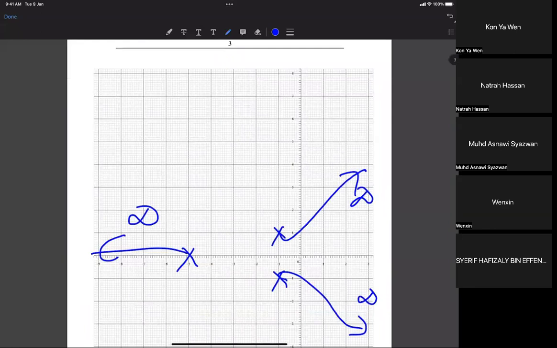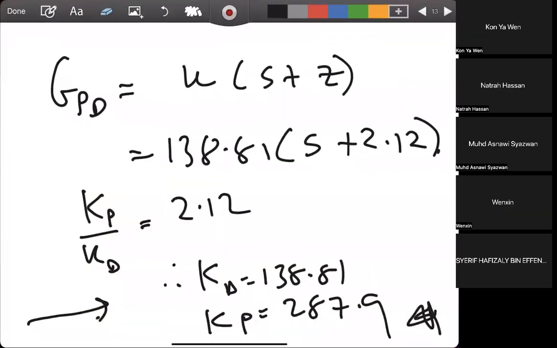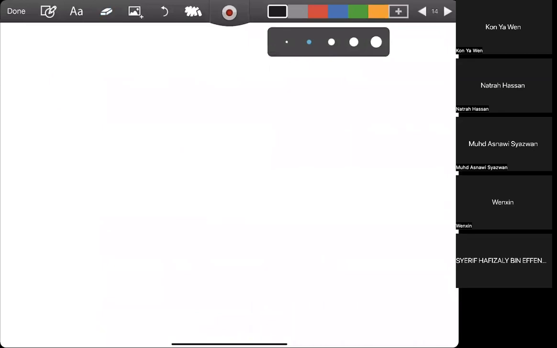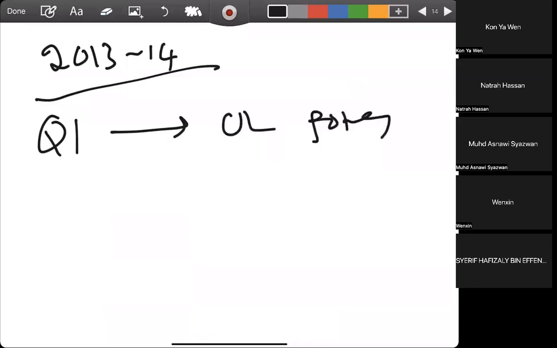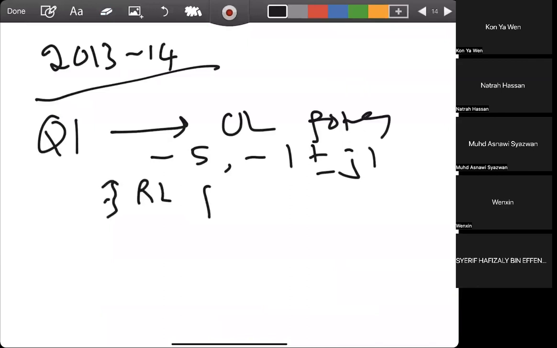Okay, so you can calculate the asymptotes. The 3 root locus paths end at infinity.